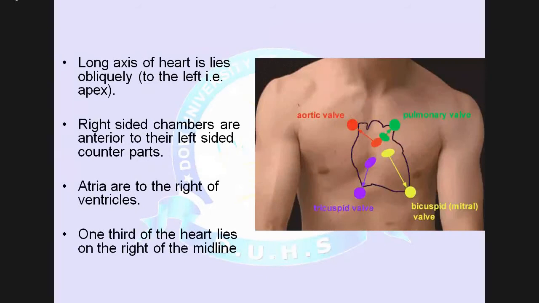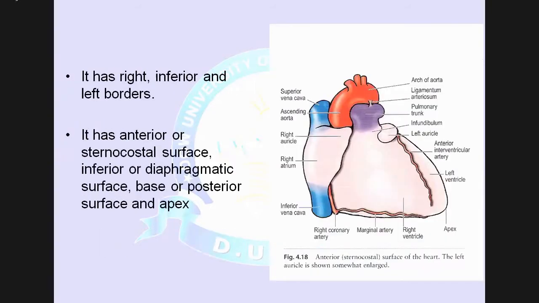So the heart has a right border, as you can see over here, an inferior border, and a left border. It has an anterior surface or a sternocostal surface, an inferior or a diaphragmatic surface, and posterior and above to the inferior surface, it would have a posterior surface.